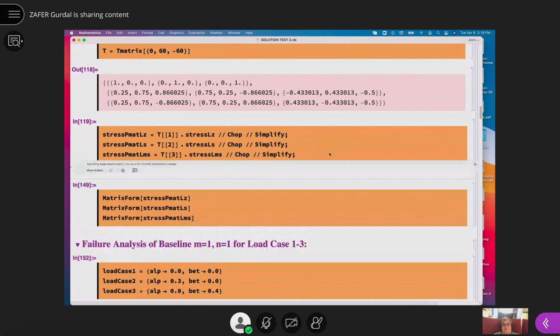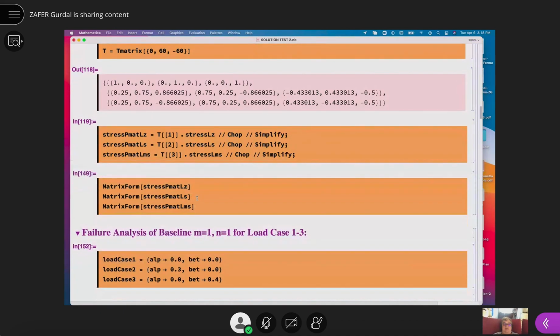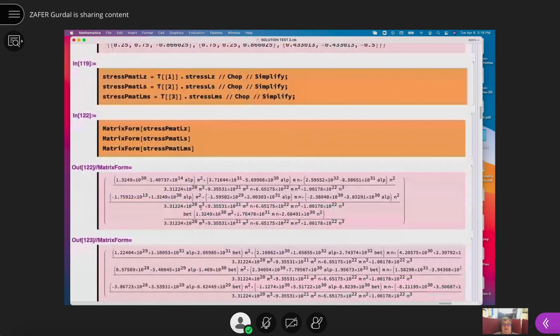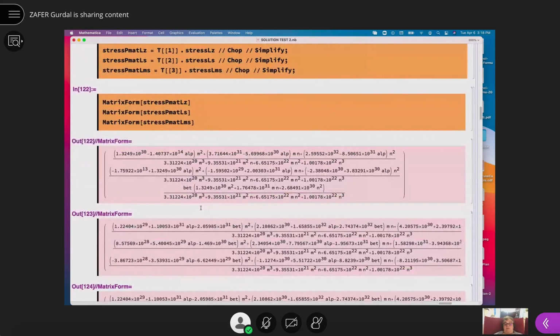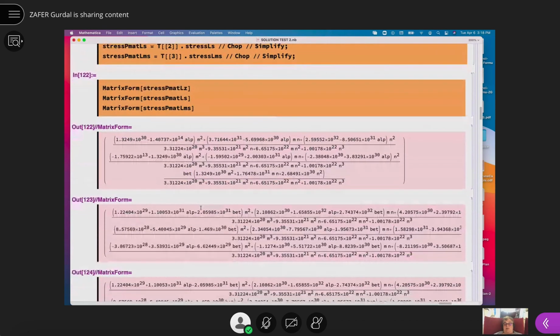All parametric. I put a semicolon there and didn't show it because I want to show them in matrix form. So these are the stresses in the principal material direction for the 0, 60, and minus 60. And this is it. Lengthy expressions again, but it's not too bad.